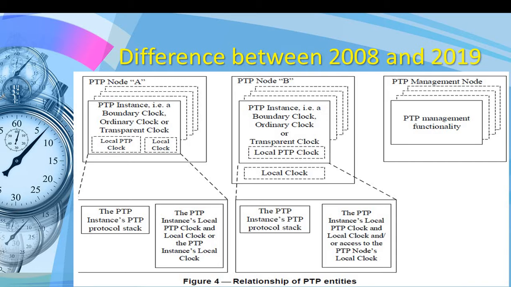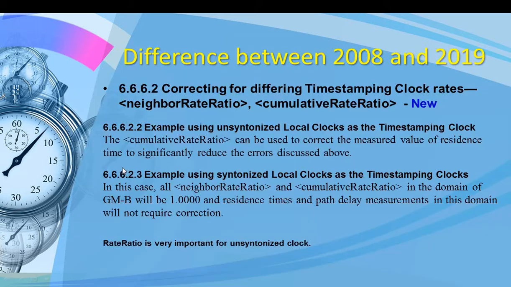The relationship between entities with the local PTP clock. Here it's called local clock. In the 2019 version, chapter 6.6.2, correction for different timestamp clock reads.